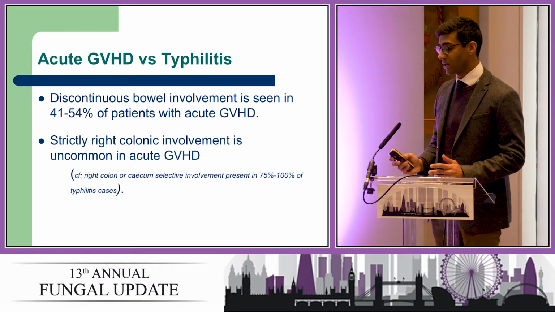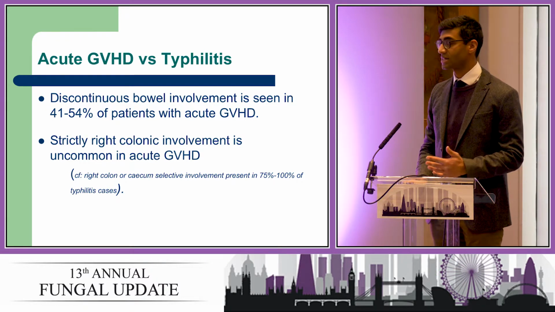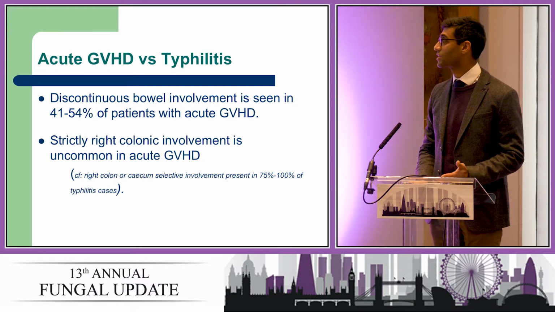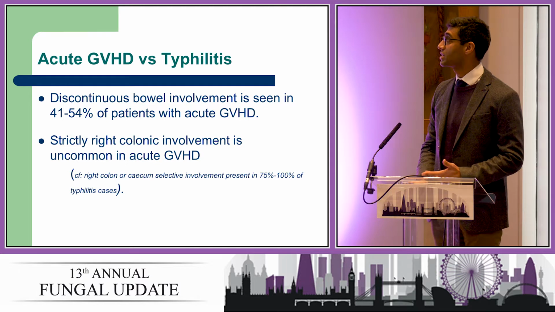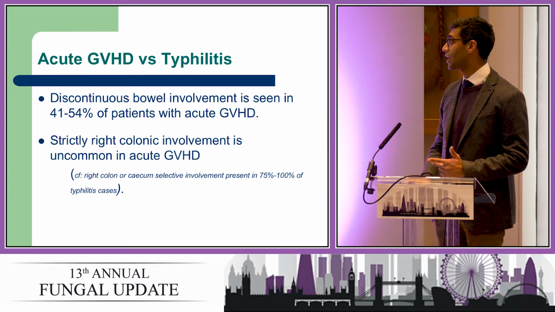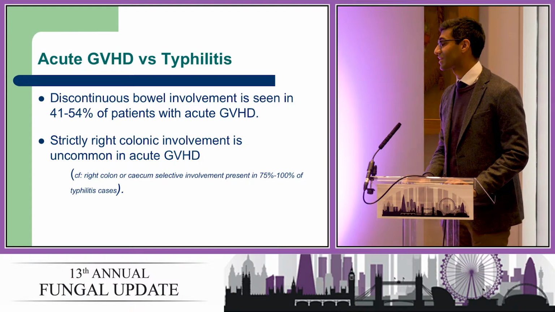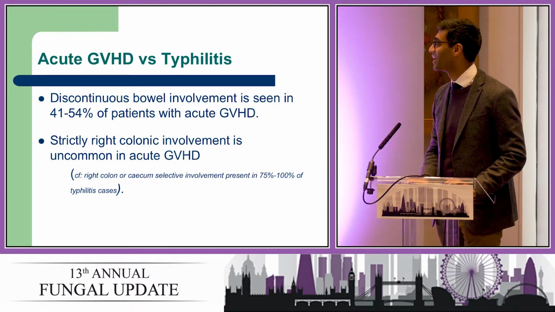So as radiologists, we're often asked the question, is this typhlitis or is it graft versus host disease? These are the main two distinguishing features, really. In neutropenic typhlitis, obviously in terms of the clinical setting, if they're neutropenic, that information helps.